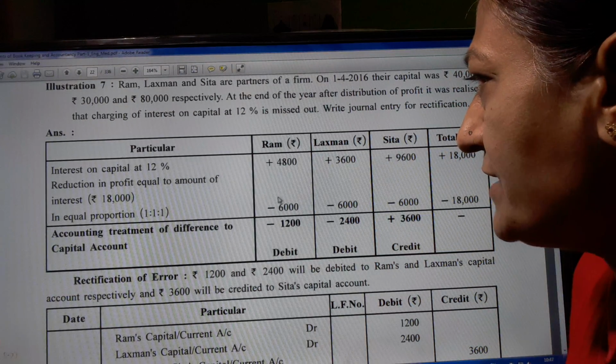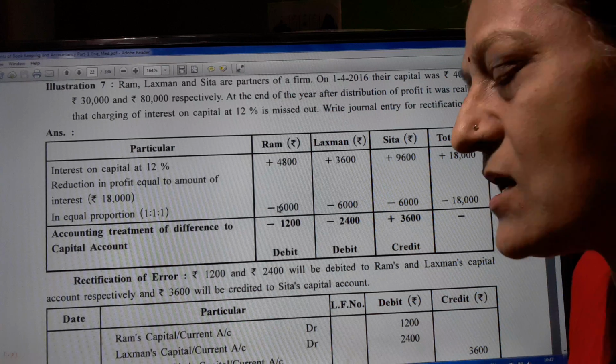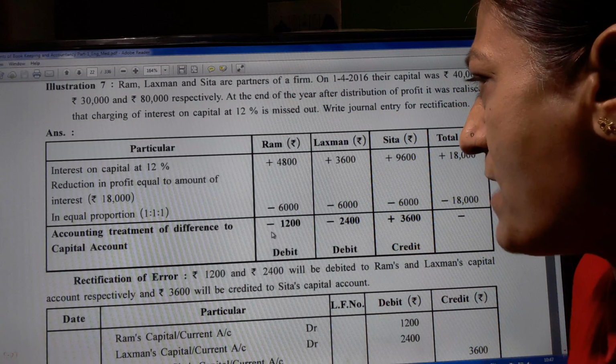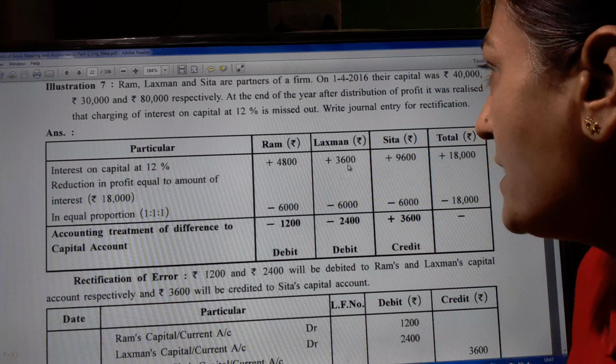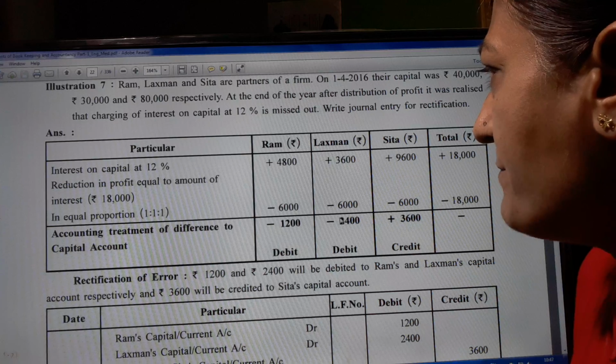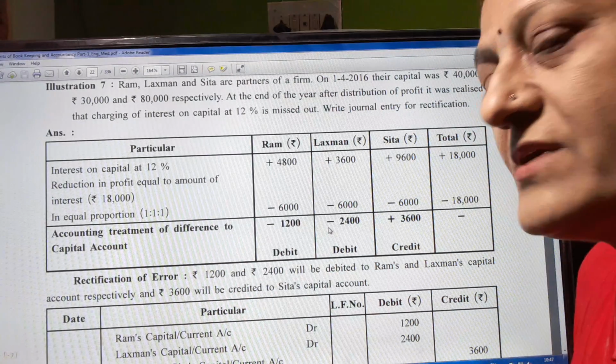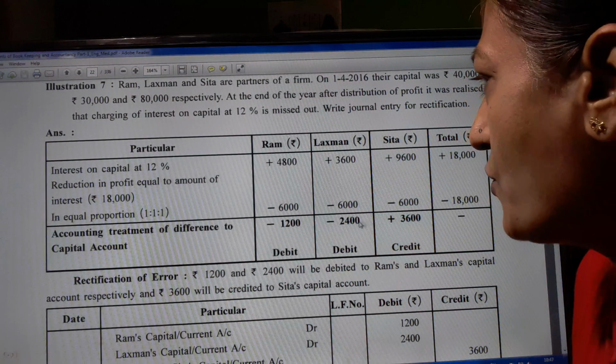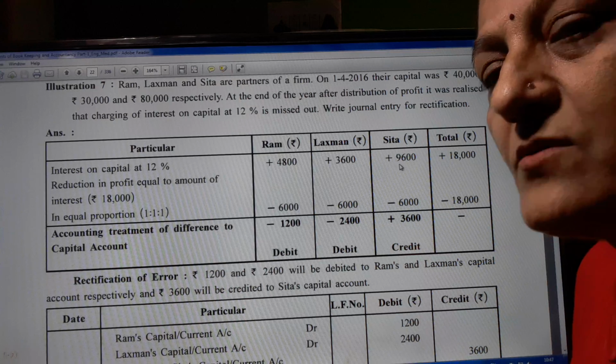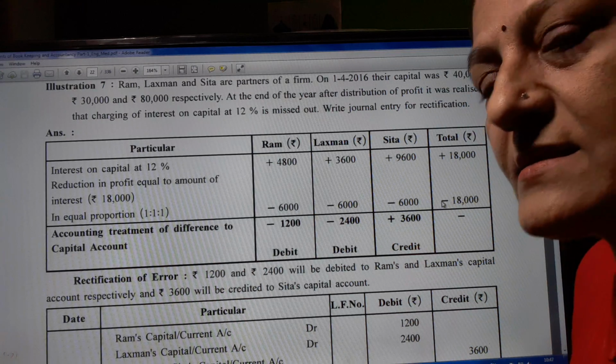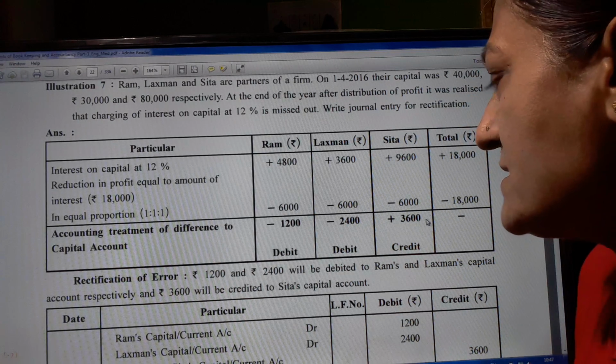So 4,800 minus 6,000, then we get minus 1,200. Here 3,600 minus 6,000 means we get minus 2,400. Here 9,600 minus 6,000, then we get 3,600.